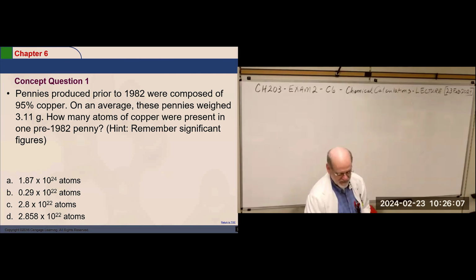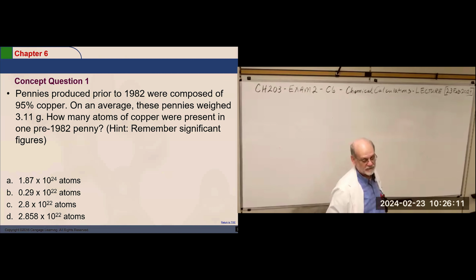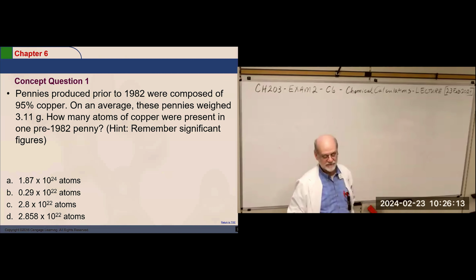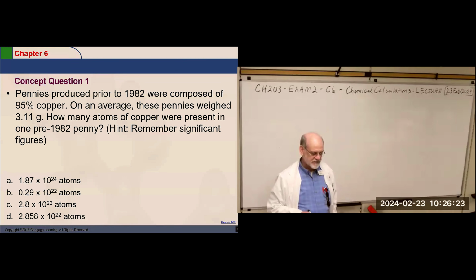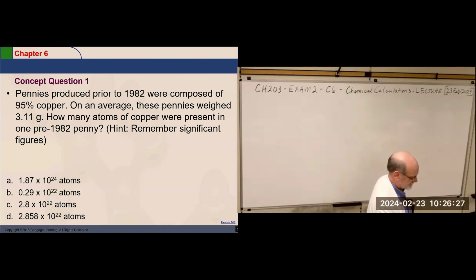All right. Pennies produced prior to 1982 were composed of 95% copper. What are they now? They're copper-clad zinc. So in historical terms, that's called debasing the currency.